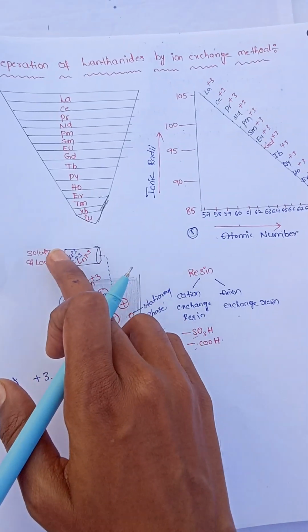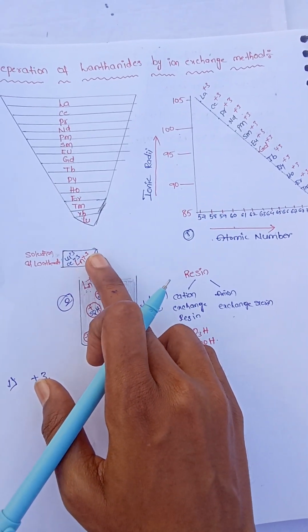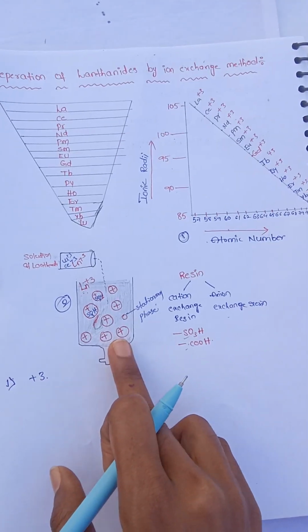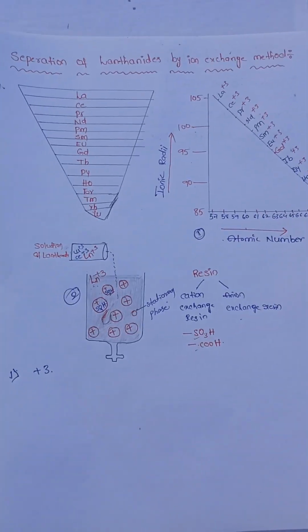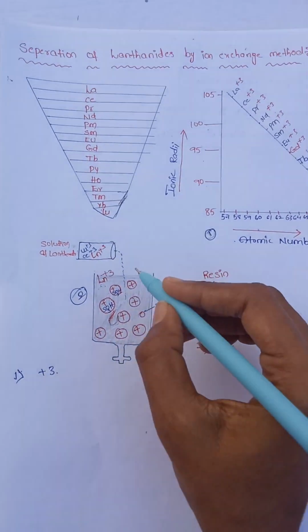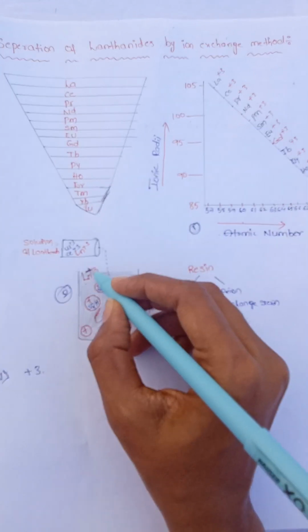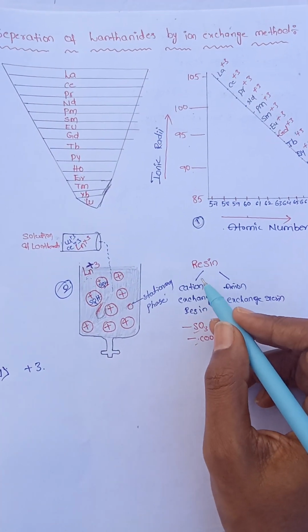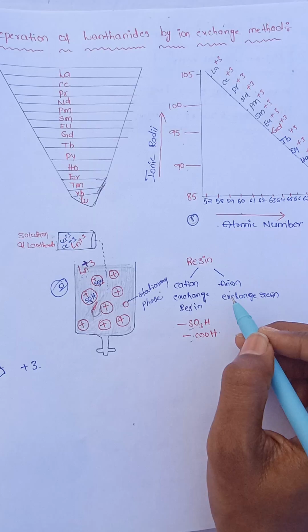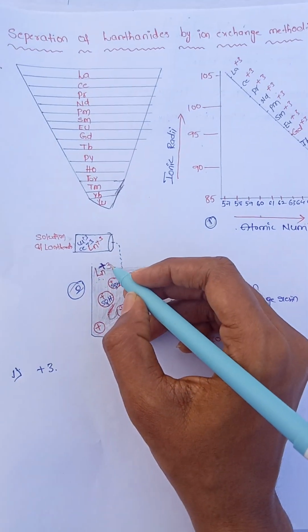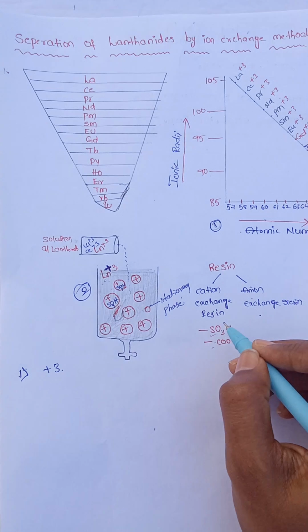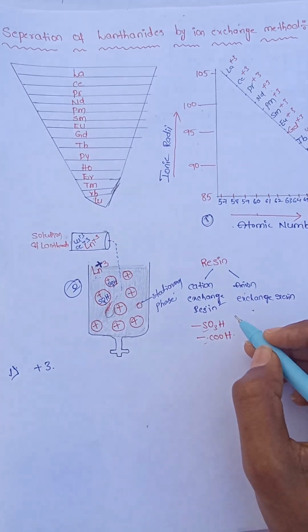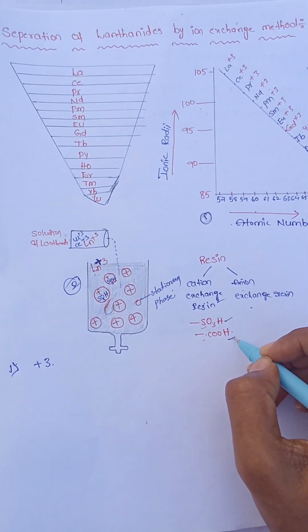Lanthanides have plus 3 charge, so they are cations, and you have to take the cation exchange resin, for example SO3H or COOH.